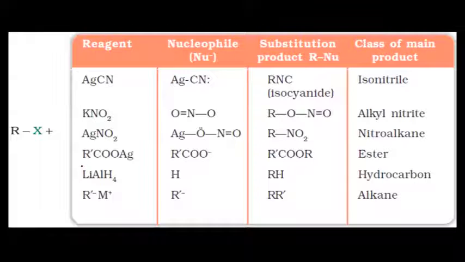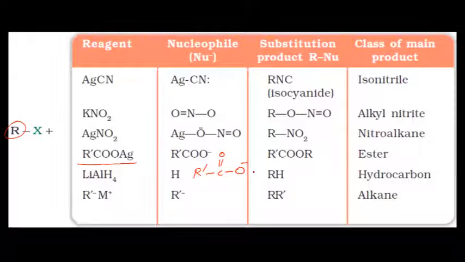Next, silver salt of an acid. The carboxylate ion will be there, and the carboxylate ion will get attached to this R. So it will be similar to that. This is R dash C O minus. It is like this.